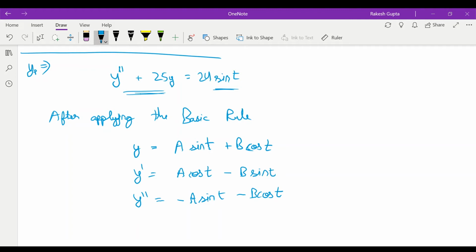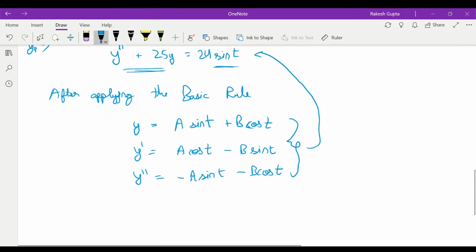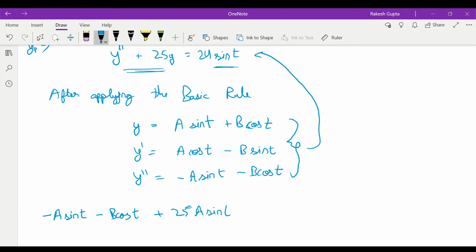Now we substitute these values into this equation over here. So we'll get y double dash as, then substituting y, which is equal to 24 sin t.